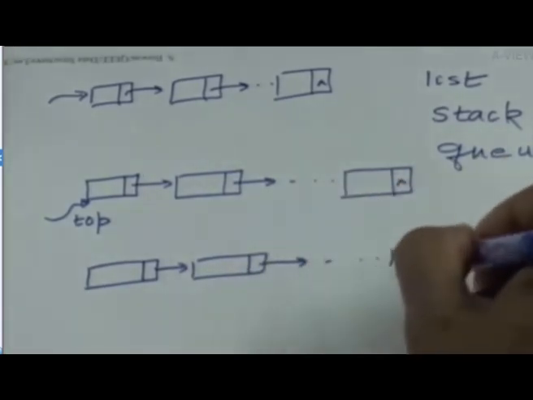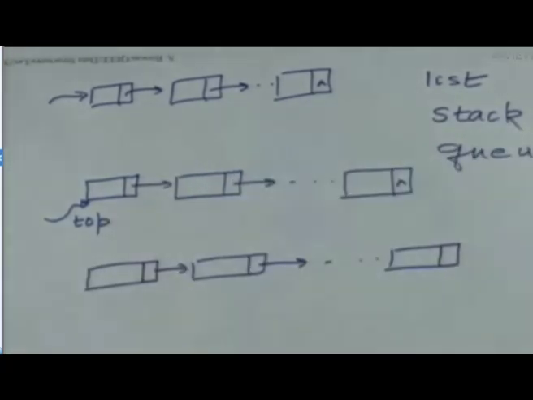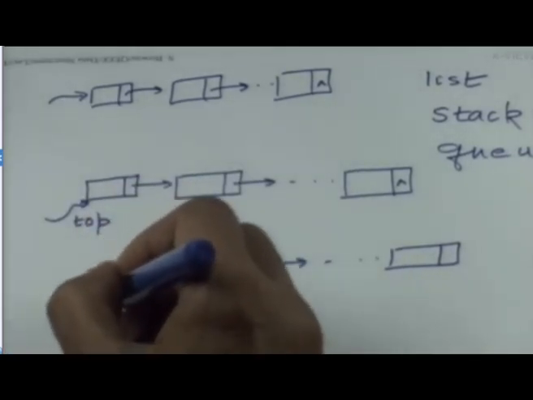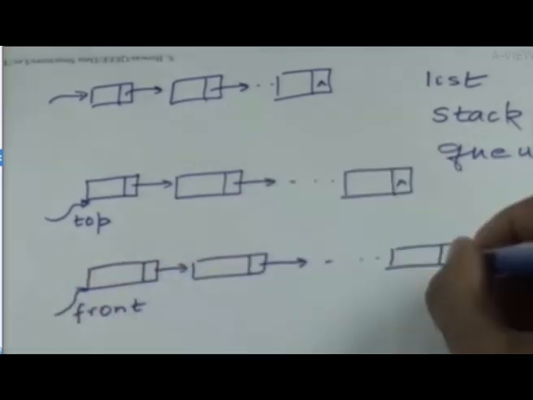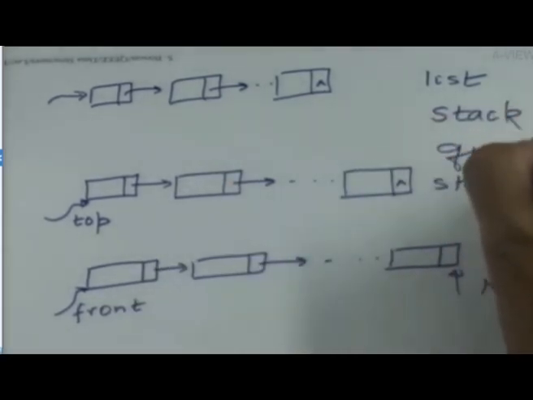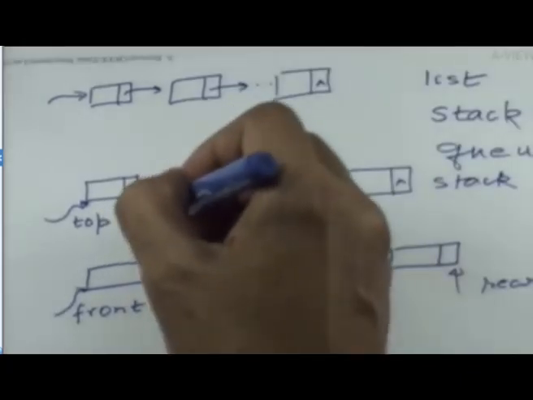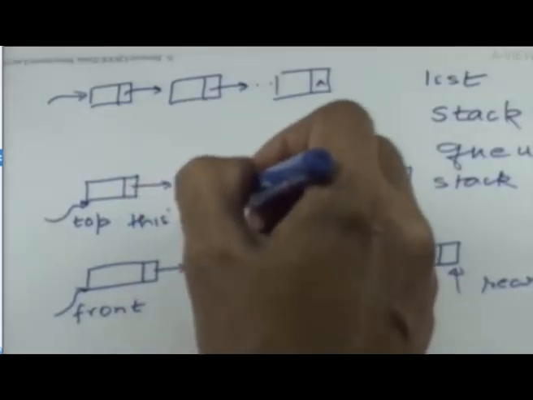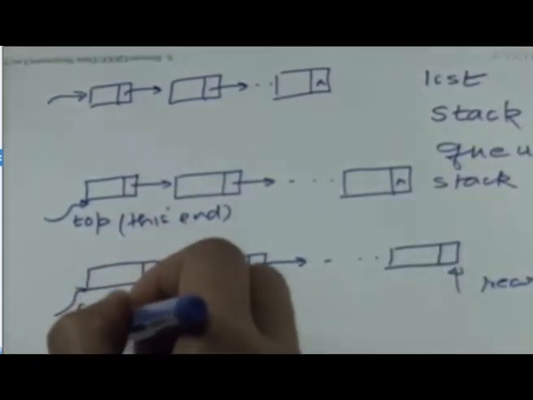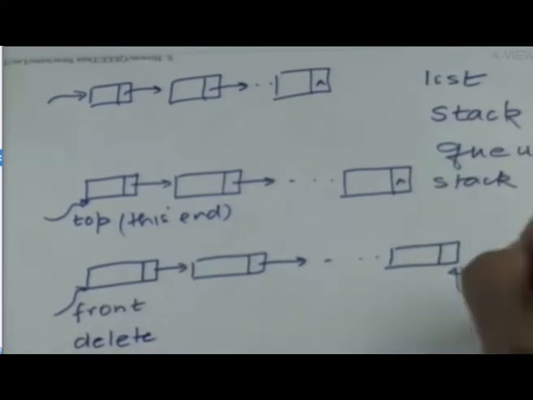I'm going to explain it through examples. Typically a queue is like this. This is called the front of a queue, and this is called the rear end or the other end of the queue. For a stack, this is my stack. All operations are done at this end, which I was explaining the last time. For a queue, the front is used for deletion, to delete elements, and rear is used to insert elements.